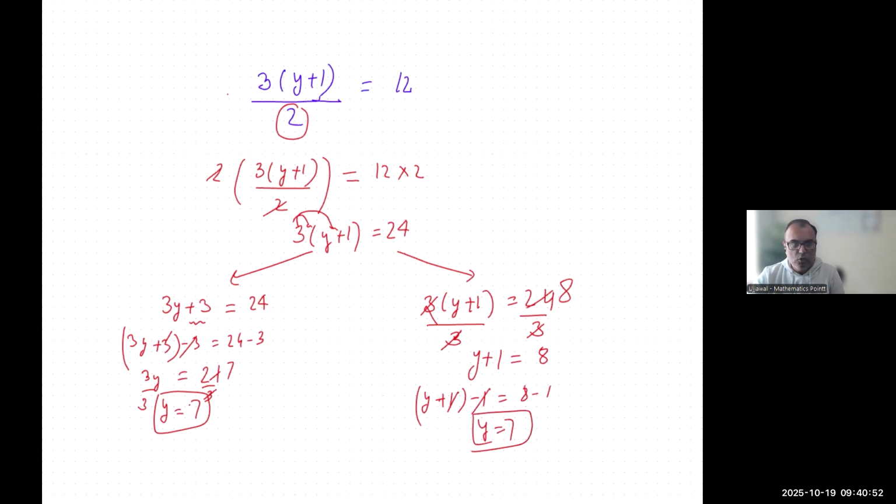So you have 2 ways of solving the same equation. There's another way called cross multiplication. Let's quickly do that. See, the point is, whatever way feels easy for you, do that. I'm writing this again.